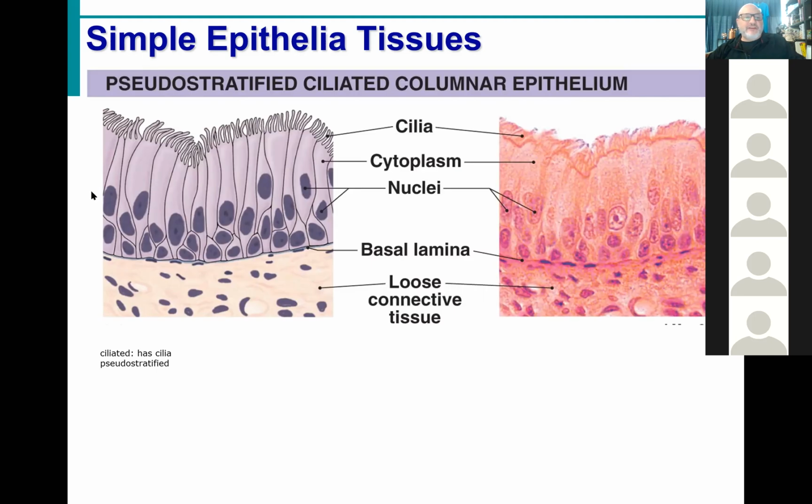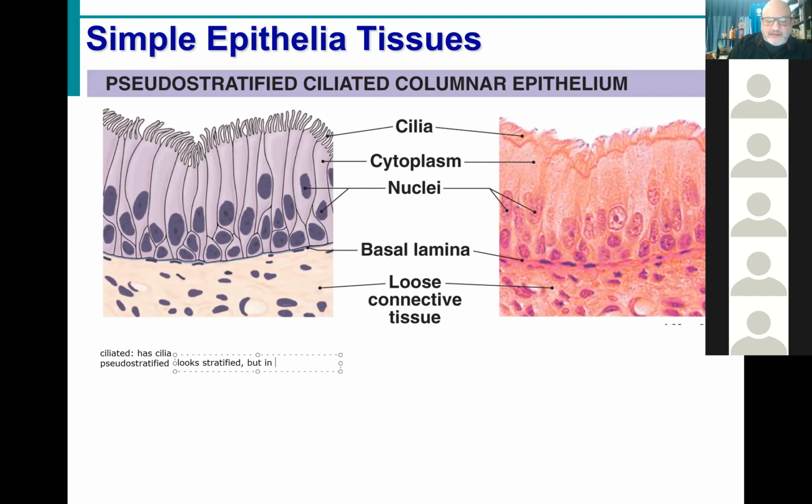Notice as we look here, these are not uniform. The nuclei look stacked, right? It looks like it has multiple layers of cells. But here's the key to that. It looks like it is multiple layers of cells. In fact, it's not. The cells are just irregular. So it's pseudostratified because it looks stratified.